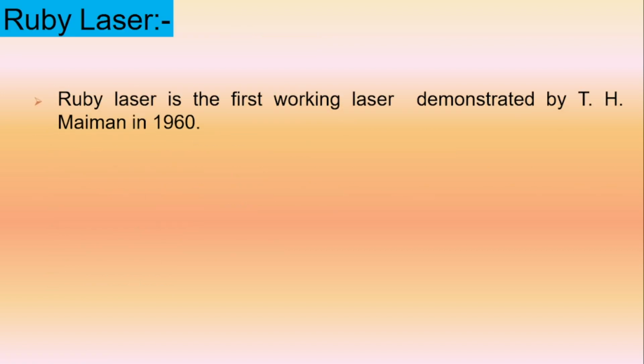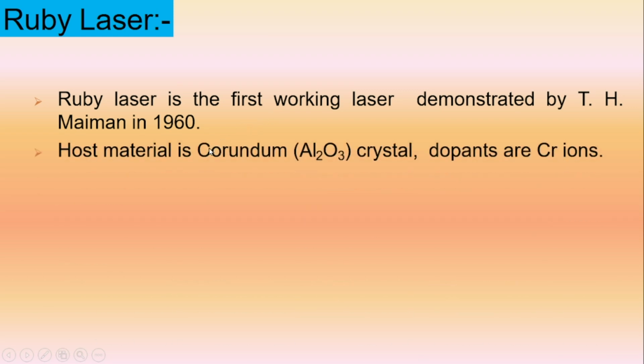Let us see first ruby laser. So what is ruby laser? Ruby laser is the laser which was demonstrated by T. H. Maiman in 1960, and this is the first working laser. In this laser, corundum material is used as a host material, the dopants are chromium ions, and the lasing wavelength is 694.3 nanometer.